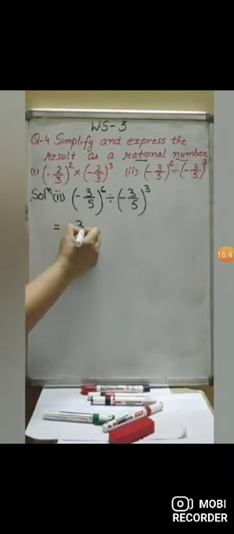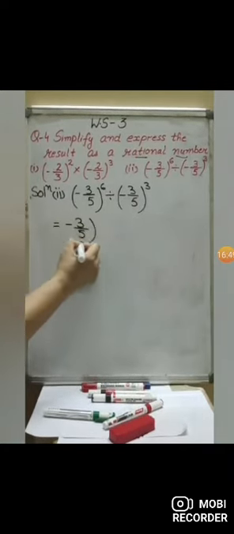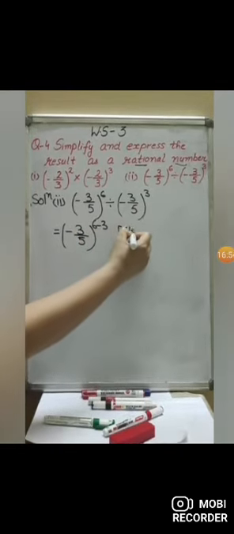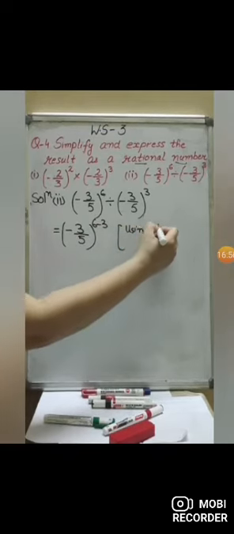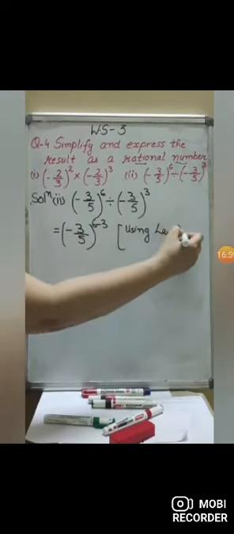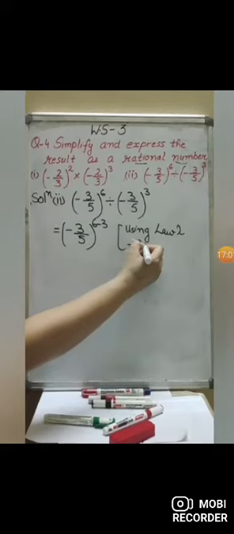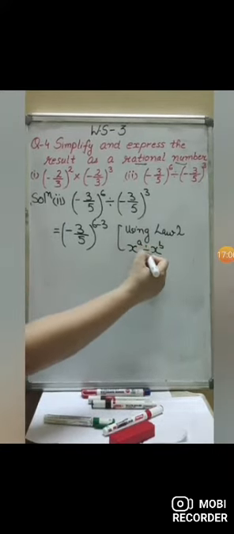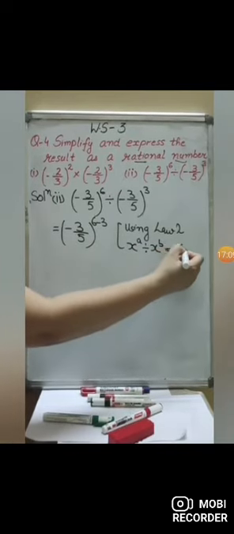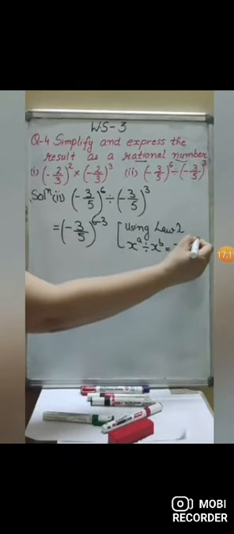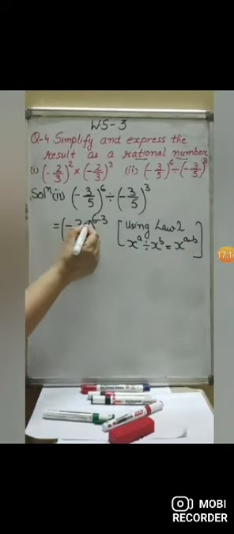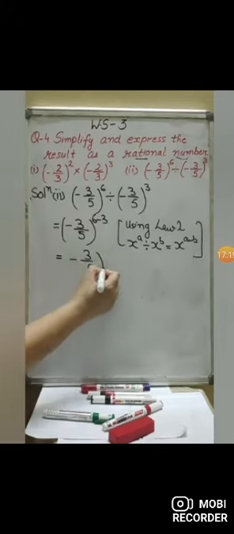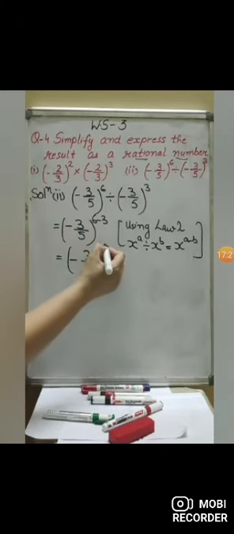So this is equals to (-3/5) whole raised to power 6 minus 3 using law 2. I am going to repeat law 2 again. x raised to power a divided by x raised to power b is equals to x raised to power a minus b. So this is equals to (-3/5) whole raised to power 3.